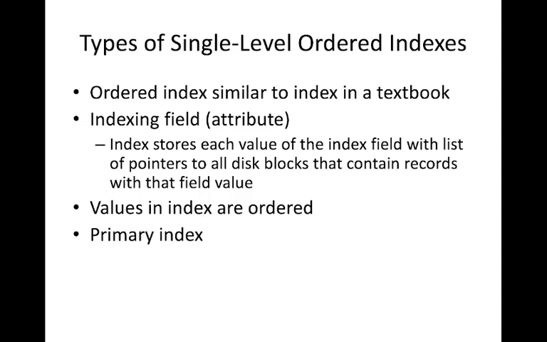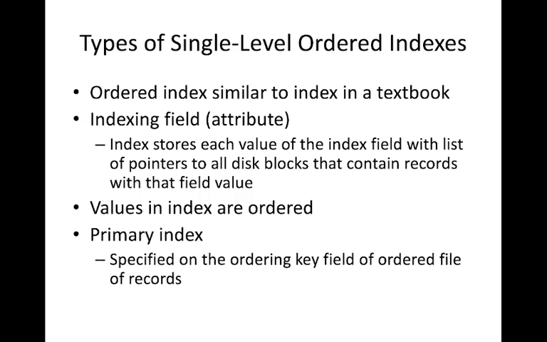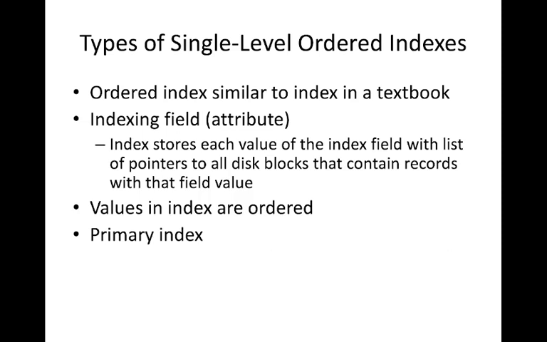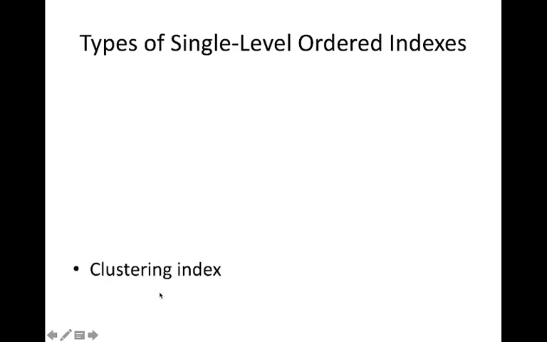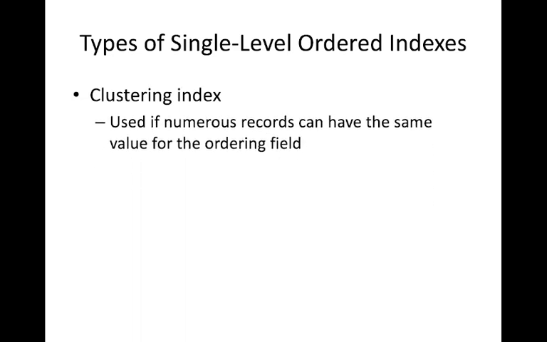We have three types of single level ordered indexes. One is the primary index, second is the clustering index, and third is the secondary index. The primary index is specified on the ordering key field of an ordered file of records. We will see in detail. The clustering index is used if numerous records can have the same value for the ordering field.